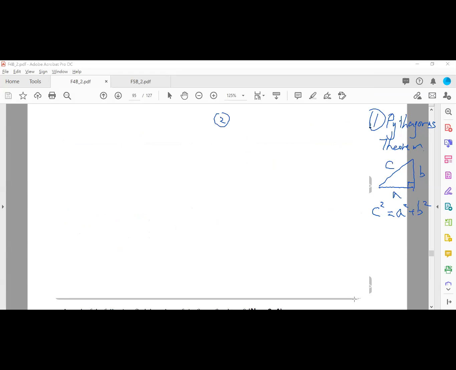Sine theta, cosine theta, and tangent theta. And again, if we have a right angled triangle, and this time we need to have a theta. The first thing, we need to identify which one is the opposite side, which one is the adjacent side, which one is the hypotenuse.